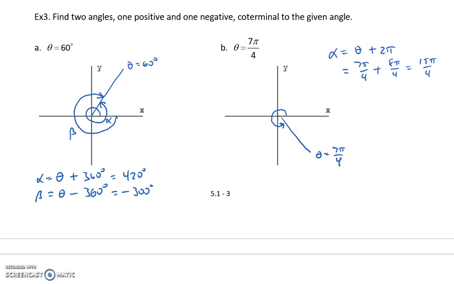So 15 pi over 4 is an angle whose terminal side is identical to 7 pi over 4. And that angle would basically be one complete revolution and then another partial revolution to end up being coterminal to 7 pi over 4. So this would be our angle alpha right here.